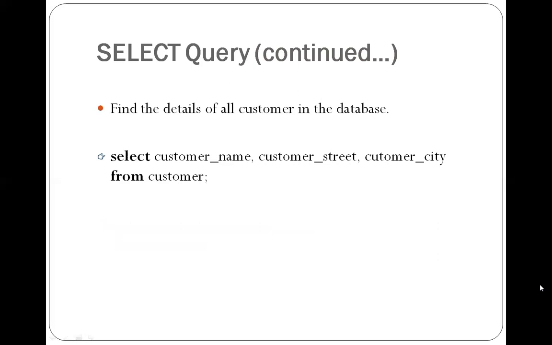Now if I want to fetch all the values for all customers in the database, how do I write the query? What are the attributes or properties for each customer?